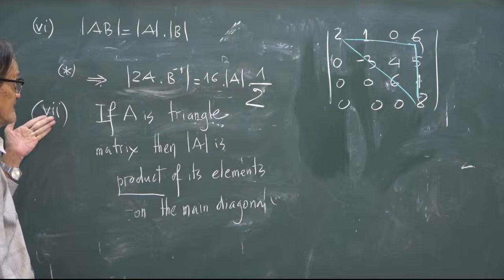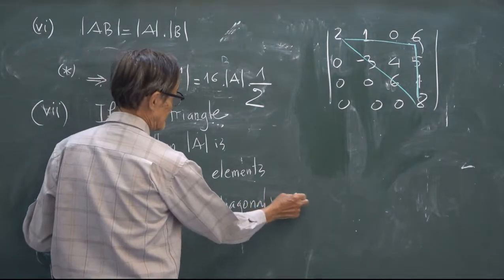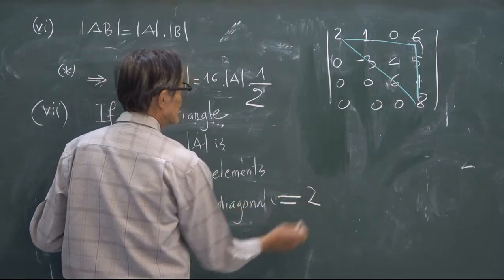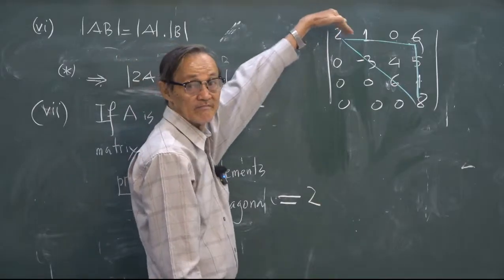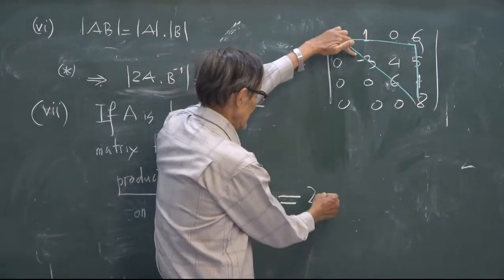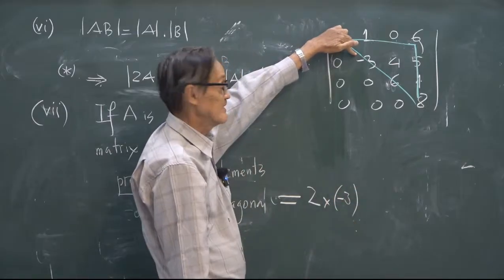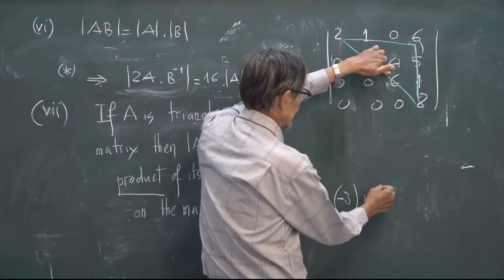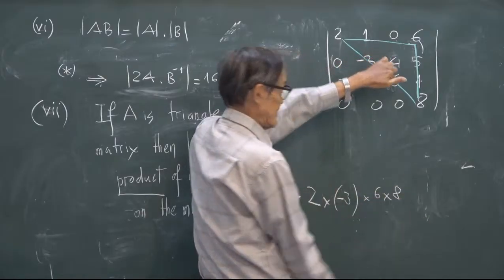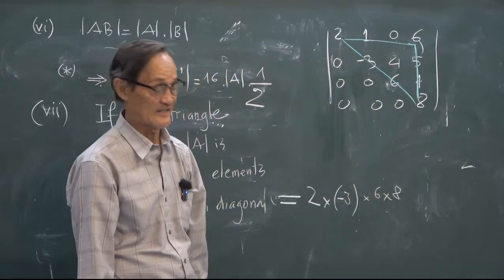From these properties, we have the result: 2 on the main diagonal multiplied by -3, multiplied by 6 and 8.